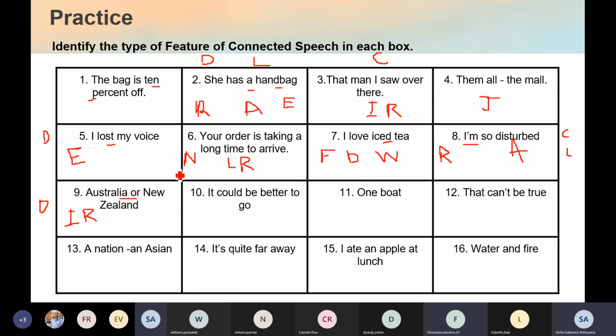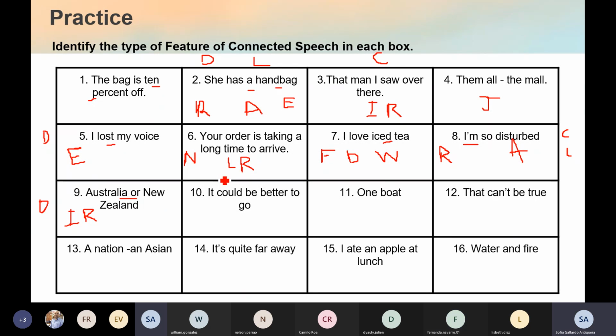Or maybe what we just saw, I can't remember the name. Juncture? Assimilation? Intrusive R or linking R? Reduction. Yeah, it's good.